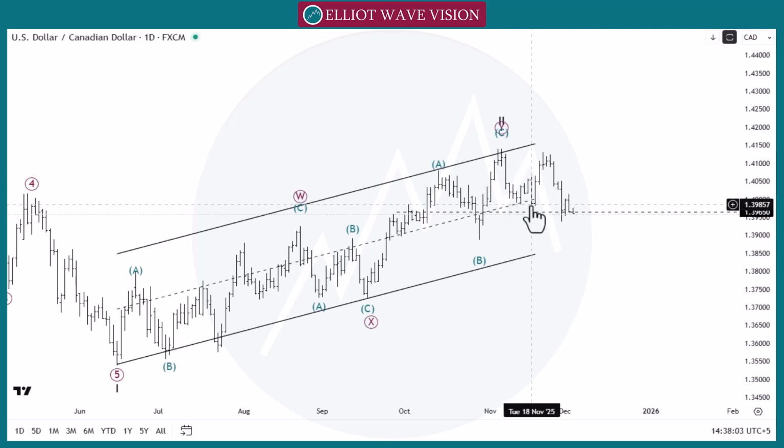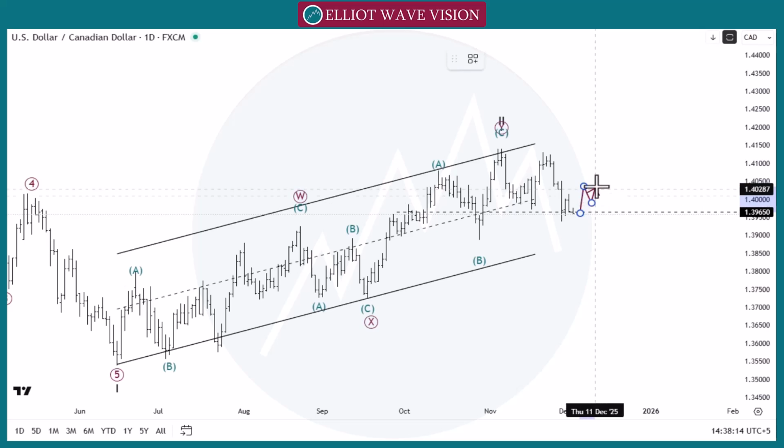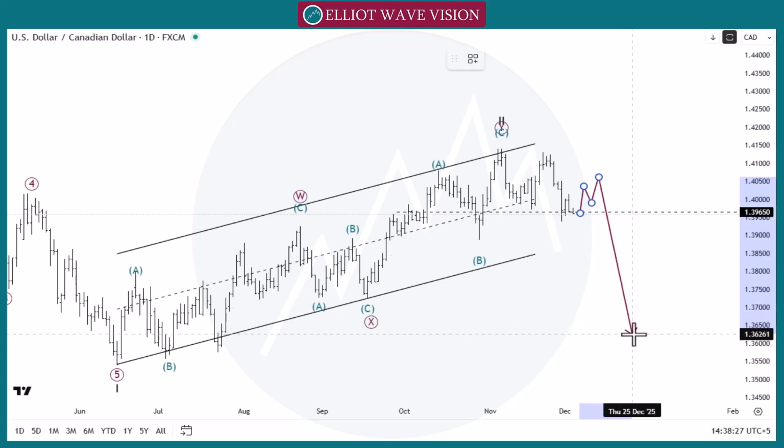Like market arrived at this point, gave us the reaction. Now market may complete its low. So now simply we need to wait for this wave A, B, C. Then we will go towards the bearish side. Our next area around 1.365 we can go.